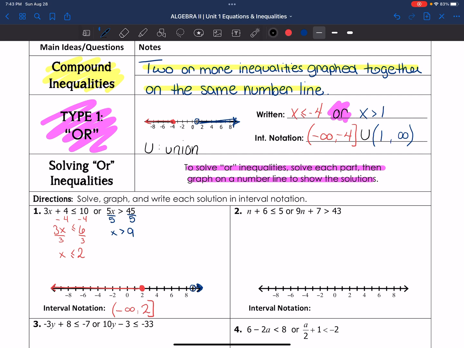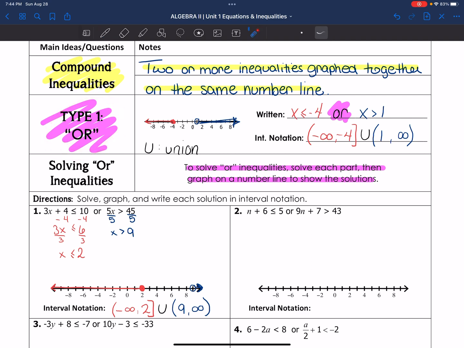And then that is going to be in union with our open boundary of 9 all the way to infinity. So there you have it. That is graphing, writing, and solving a compound inequality that is joined with the word or.